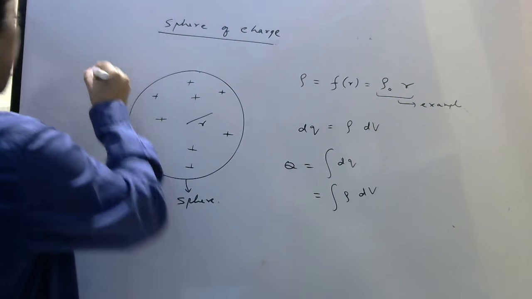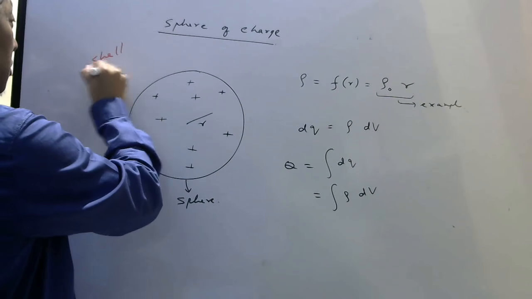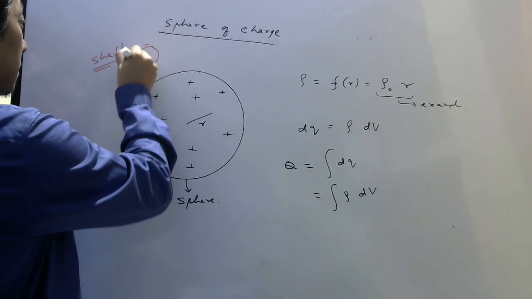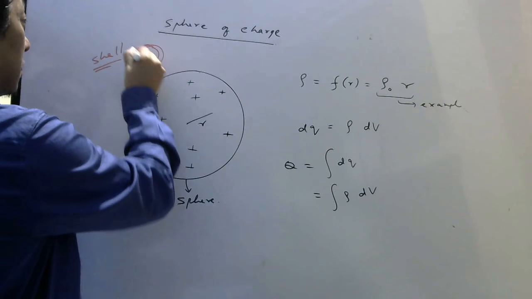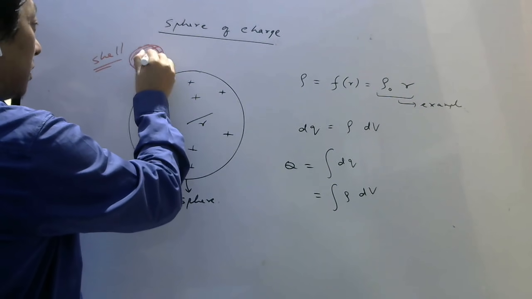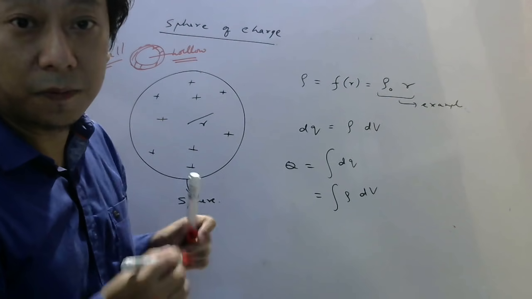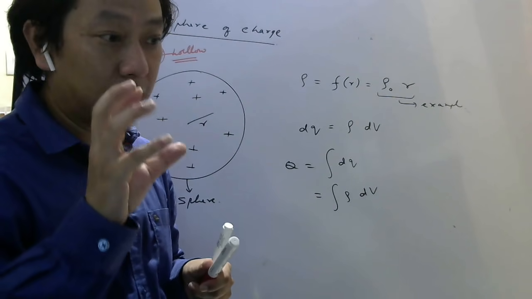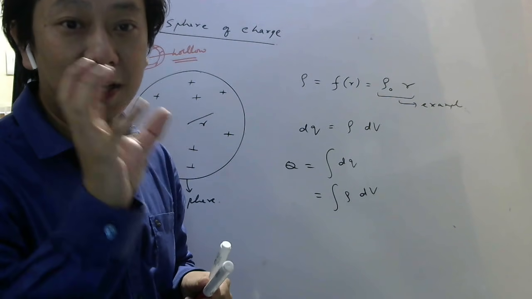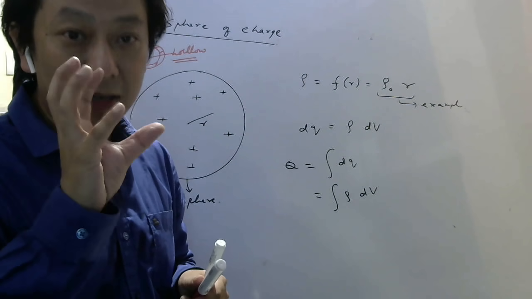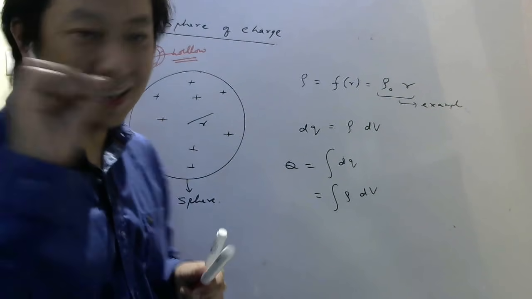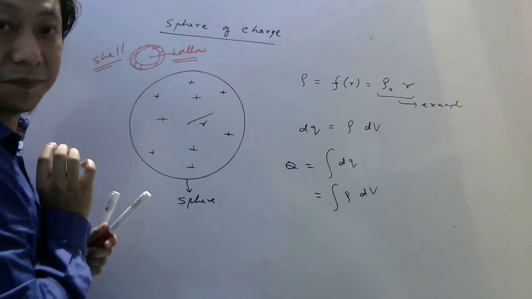Let me write it here, spelling shells. A shell means something like this, okay? So inside is hollow. If you take a tennis ball for example, it is like a shell. Inside is hollow, and that skin will have some thickness, no? That thickness is this.